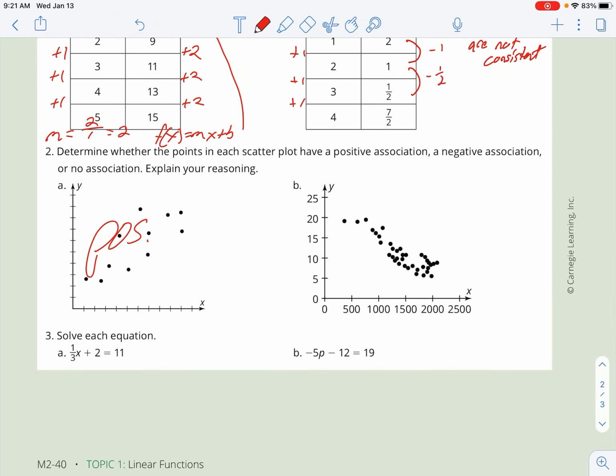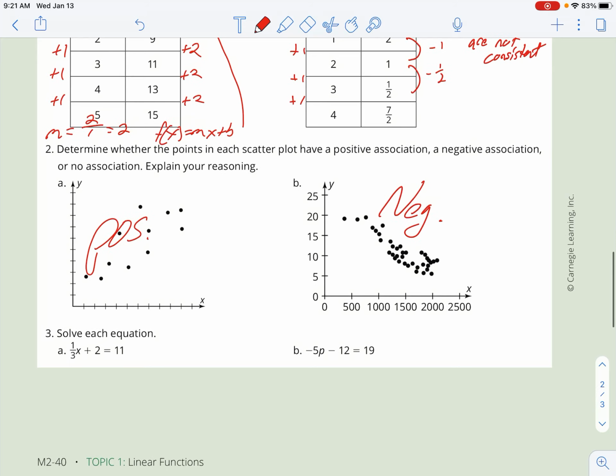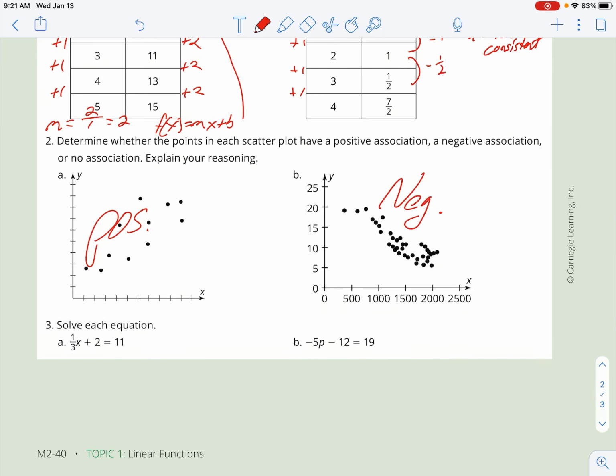On letter B, looking at that, our y's are clearly going down, so we have a negative association. Okay? And then I'm going to go ahead and throw out letter 3.